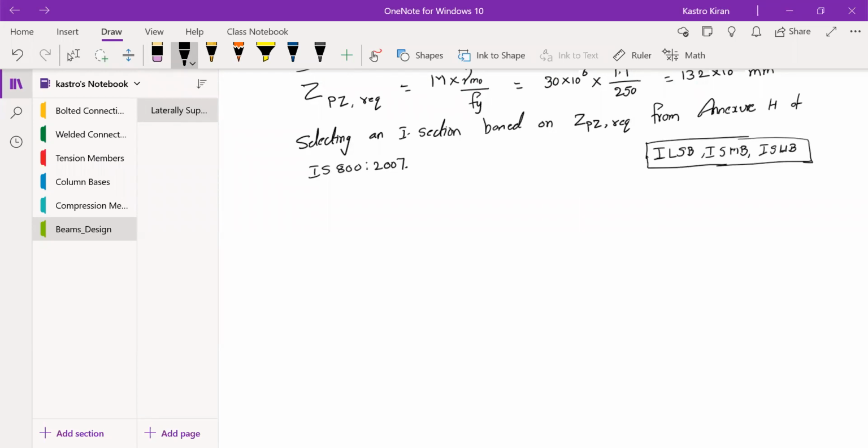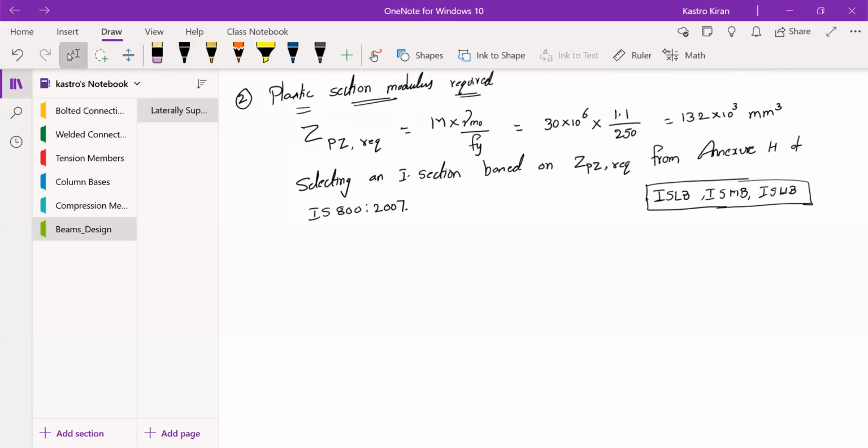It must be from ISLB or ISMB or ISWB. So the selection of the section depends on the ZPZ value, that is 132 into 10 cube mm cube. Now let's find out the section.